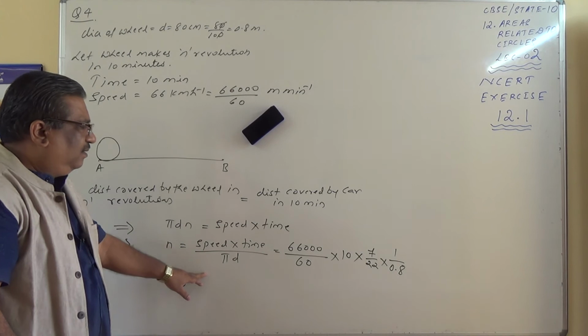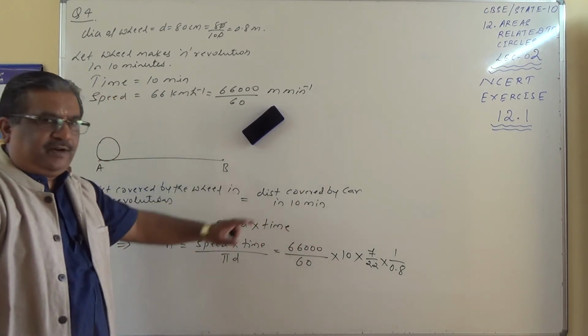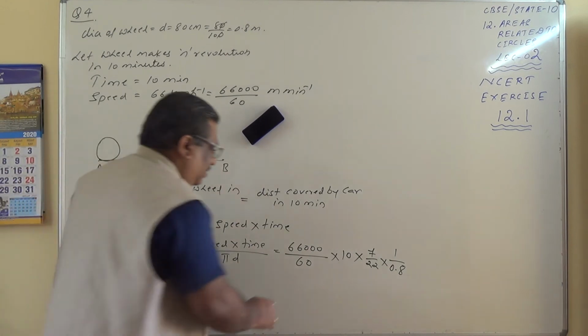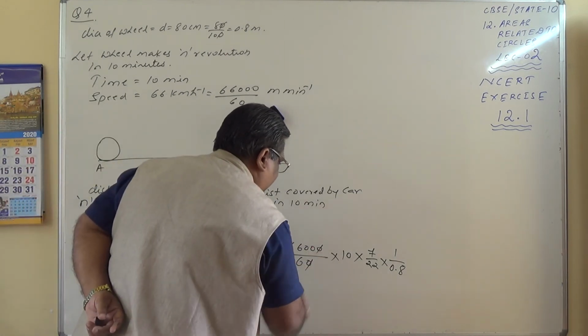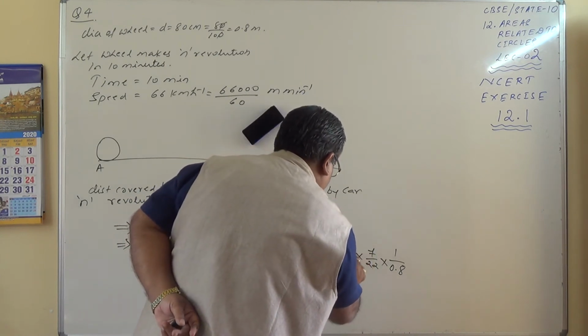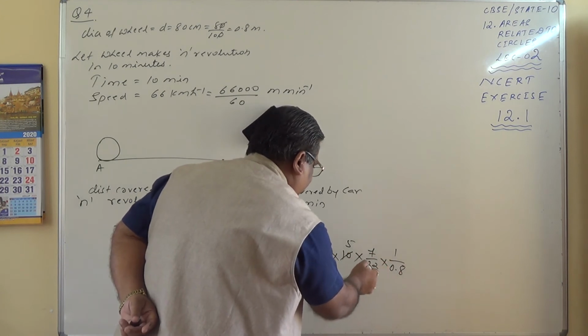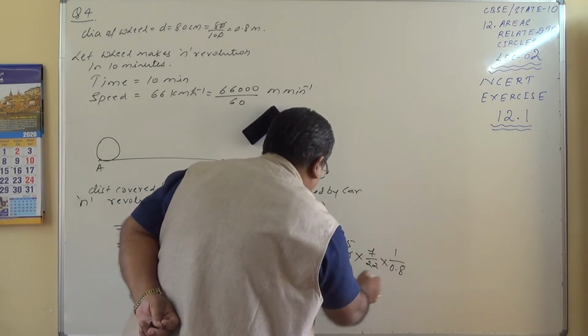You got it? I have tried to write split in denominator and numerator directly here. So 10, 10, anything, 2 5s are, 2 3s are, then 0.8.